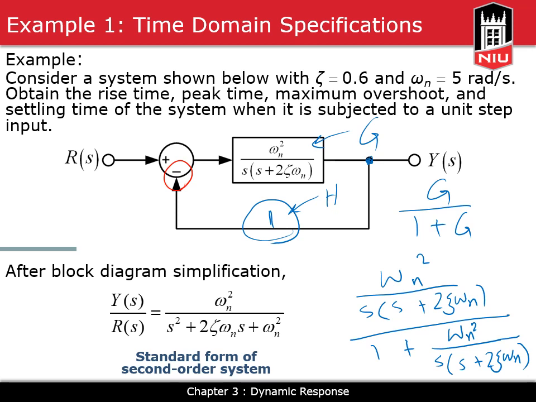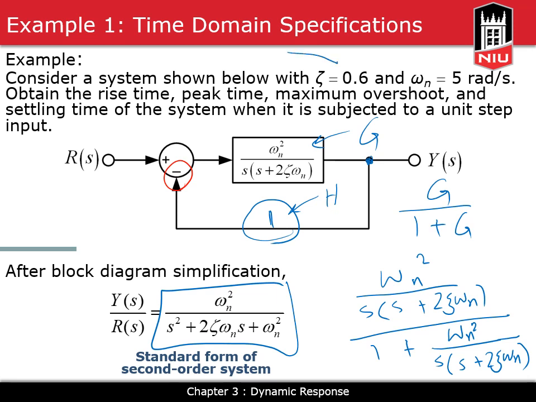If you do a common denominator at the bottom and then cancel the s times s plus 2 zeta omega n from the top and the bottom, you're going to arrive at this transfer function. As you can see, this is exactly the standard second order transfer function we have been talking about before today in this lecture and in the previous lecture.